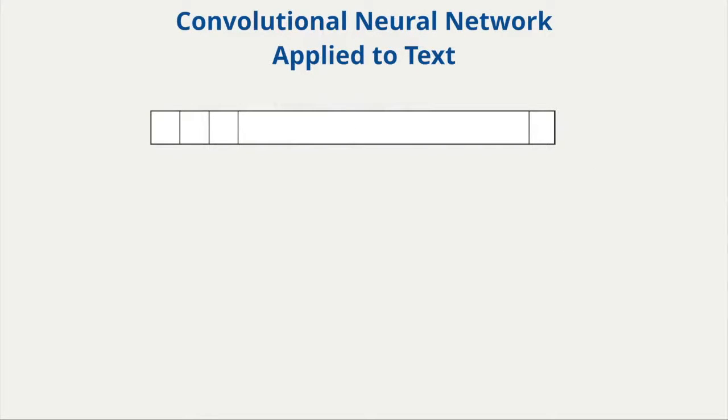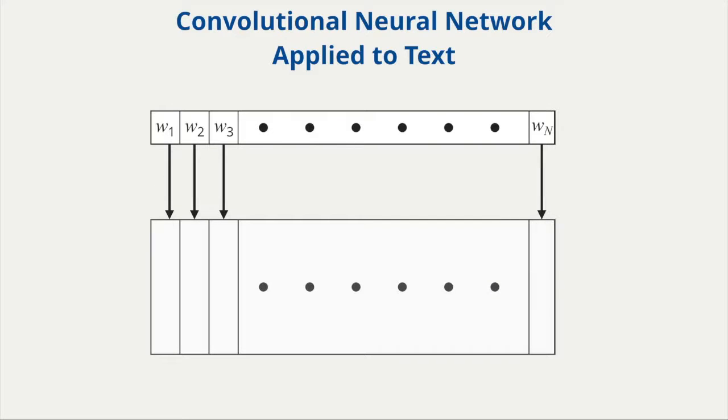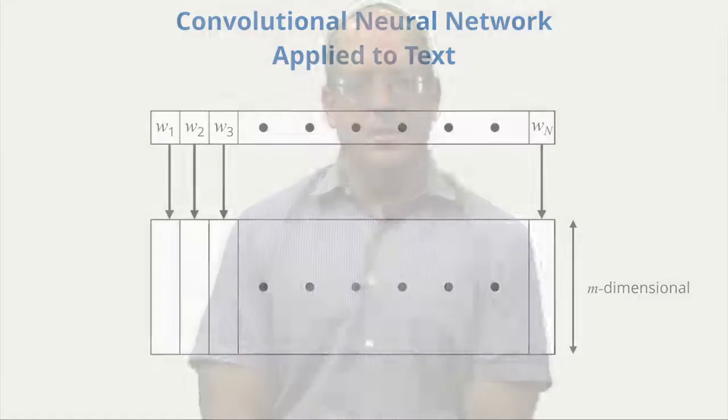So let's assume that we have a document which is composed of n words, a sequence of n words, W1, W2, W3 to Wn. Through this word-to-vec concept, those n words will be mapped to n m-dimensional vectors. And so what we would like to do is apply the concept of a CNN, a convolutional neural network.